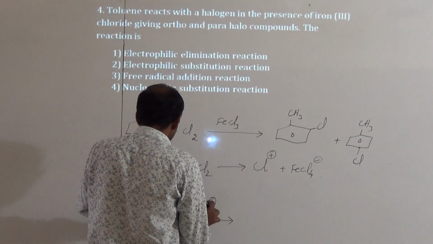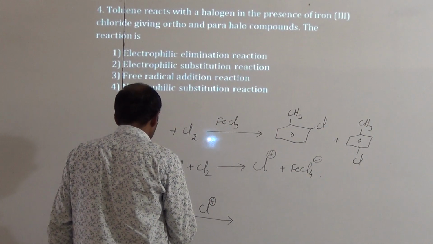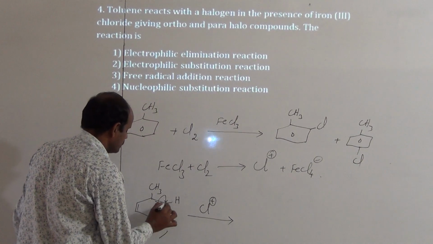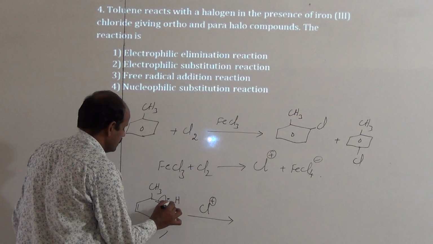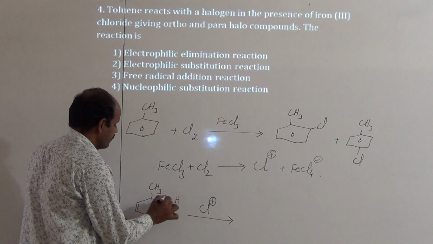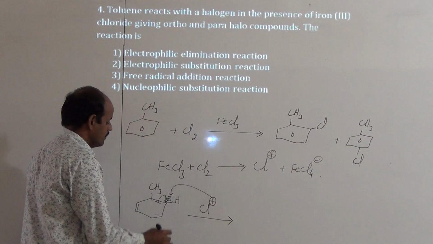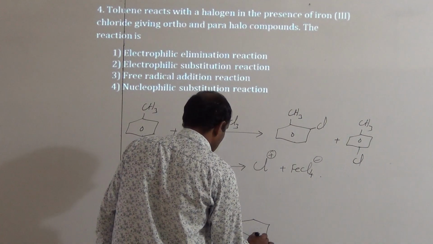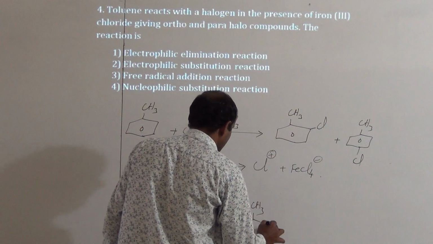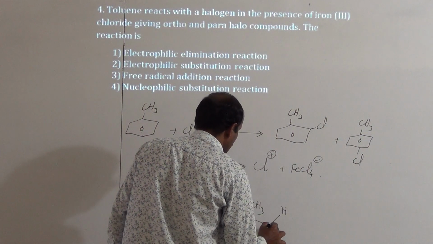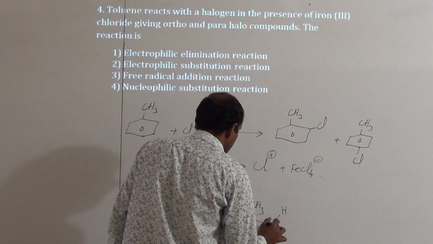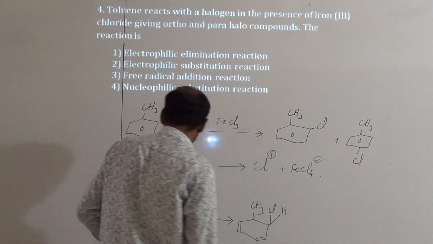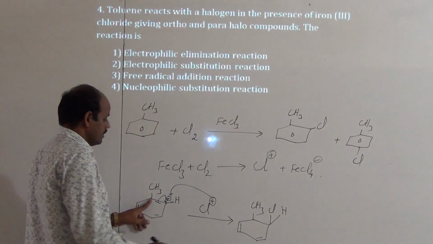Before that, this bond will migrate onto this carbon. Then what happens here? A negative charge is formed, and on this negative charge, the positive charge can attack. Thus here we get this compound with CH3. Here H is already there, but on this carbon Cl also attacked, and this carbon lost electrons.